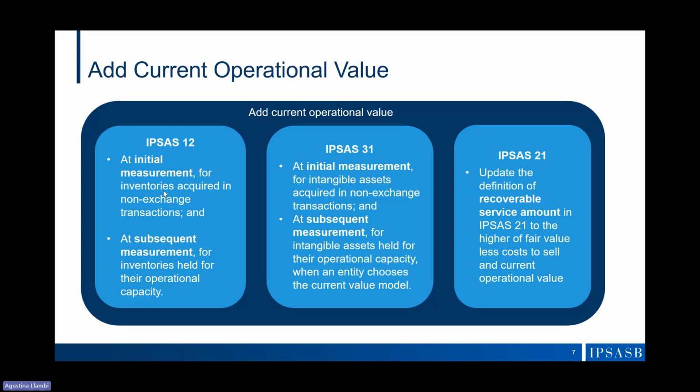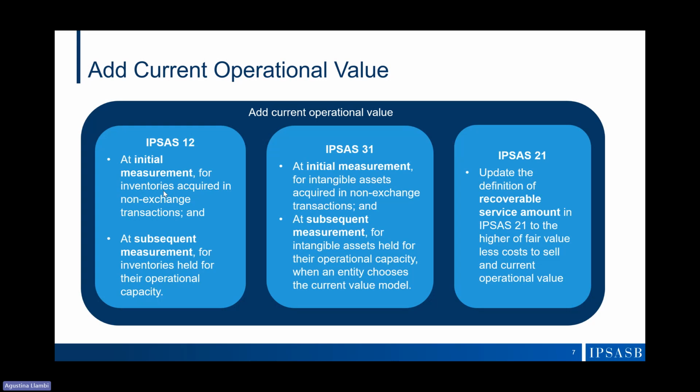So when we think of IPSAS 12, and we think of organizations in the public sector, there are many times that the entity will purchase inventory, and therefore it will recognize it at its cost, or it would actually receive inventory in a non-exchange transaction. And by this, we mean potentially a donation or being given inventory at a price that is less than what would be in the market.